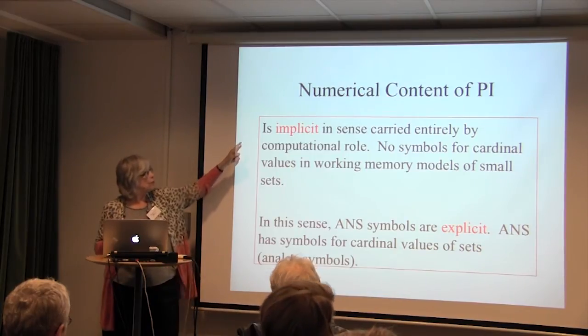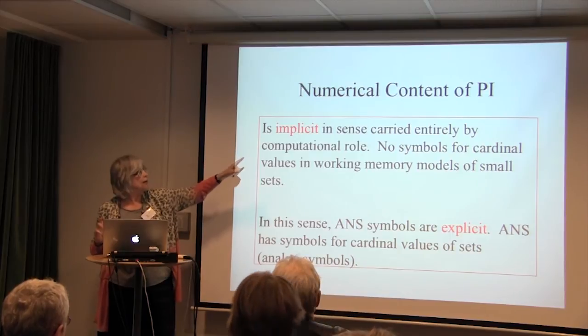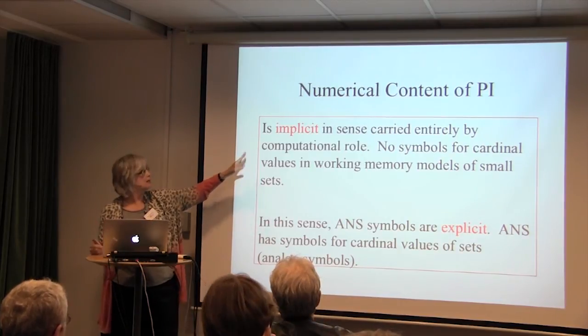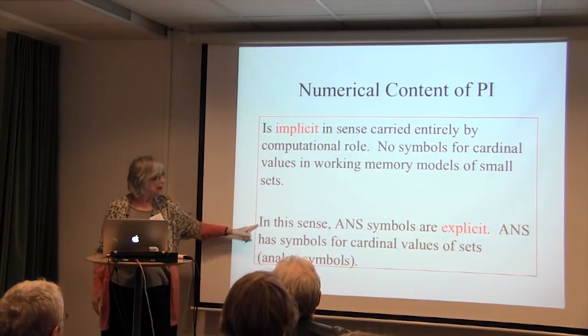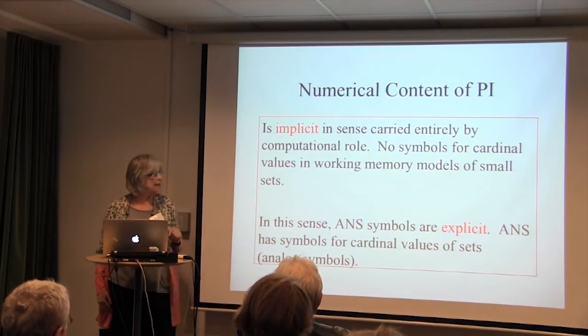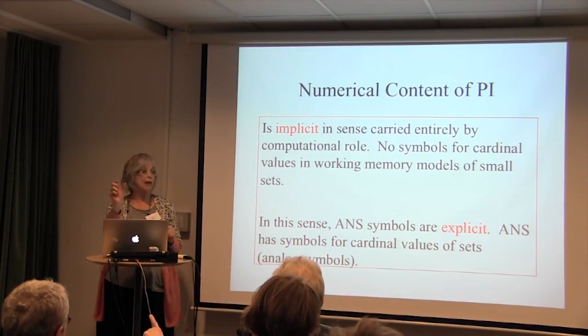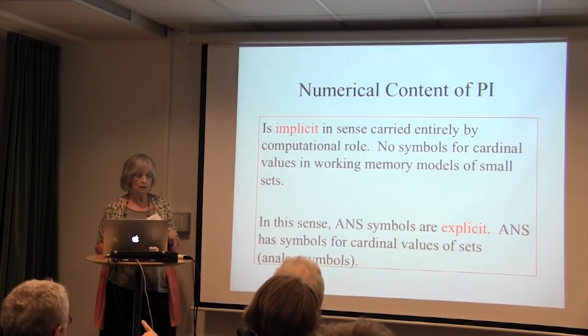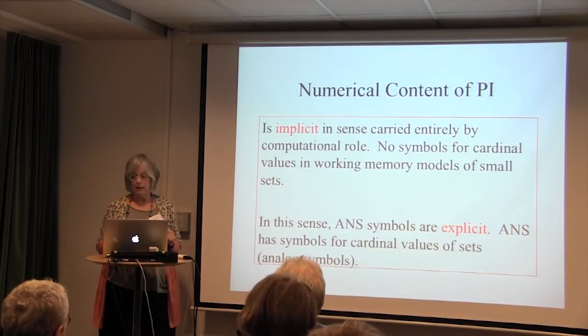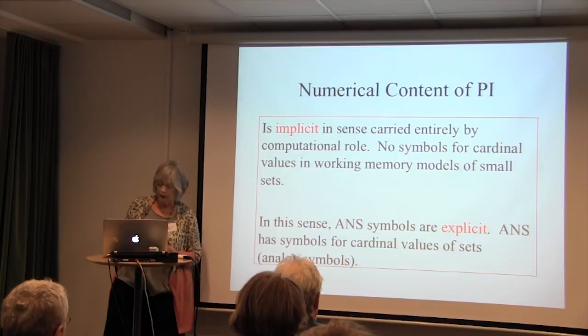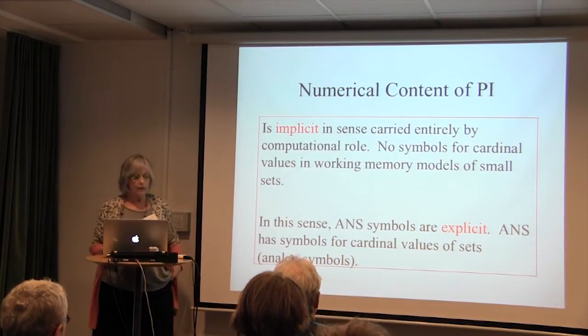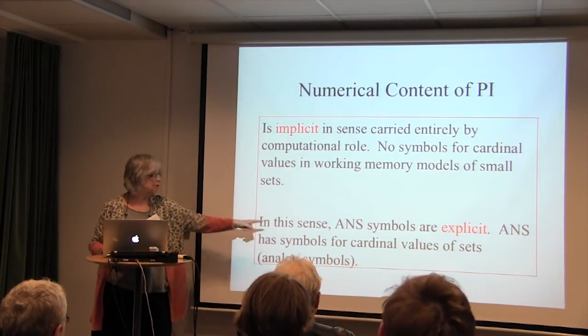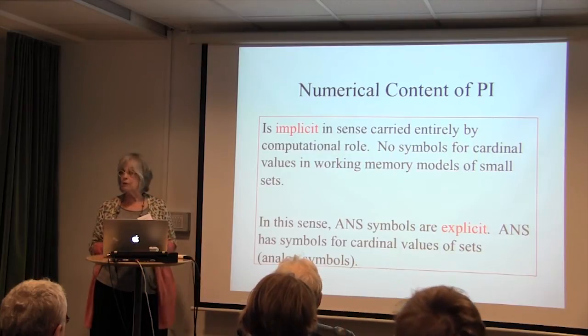So the numerical content of parallel individuation, that's the second system, is implicit in this sense. But in that same sense, the approximate number system symbols are explicit. That system has symbols for cardinal values of sets, although they're analog symbols.